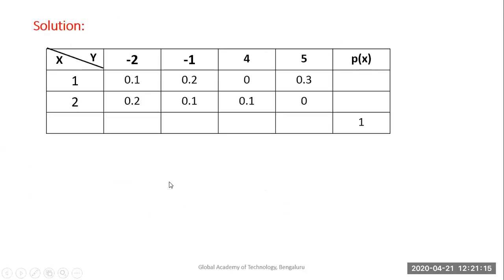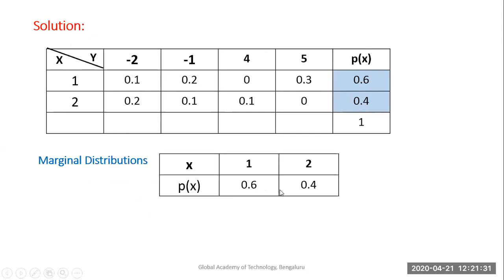To find the marginal probabilities, add each of the rows. So 0.1 plus 0.2 plus 0 plus 0.3, we get 0.6. Similarly, the sum of these values, we get 0.4. So these represent the marginal probabilities for the random variable x. So x takes the values 1 and 2, and the corresponding marginal probabilities are 0.6 and 0.4.